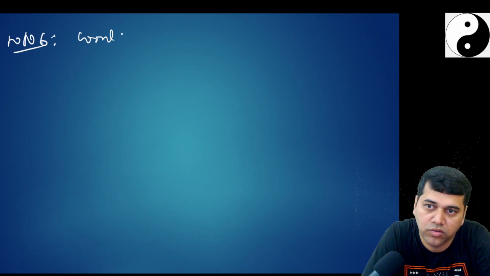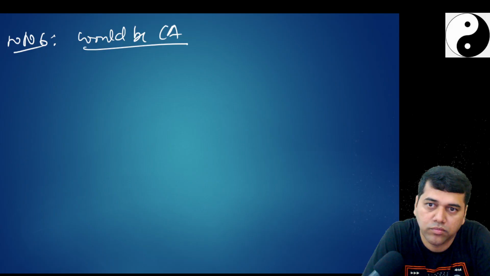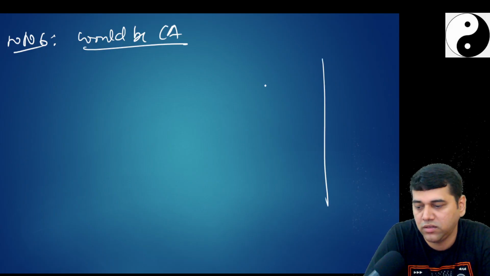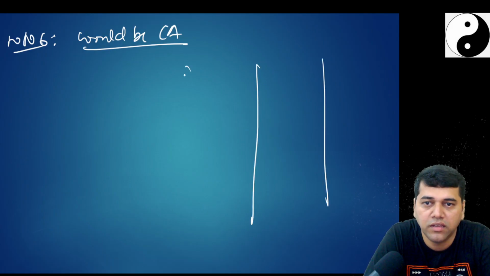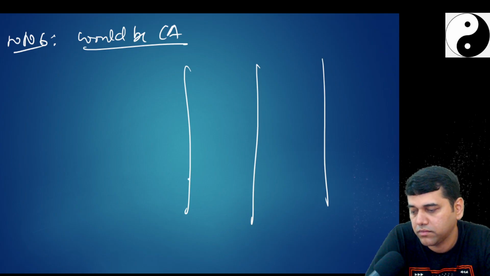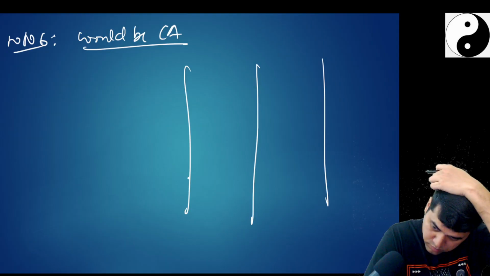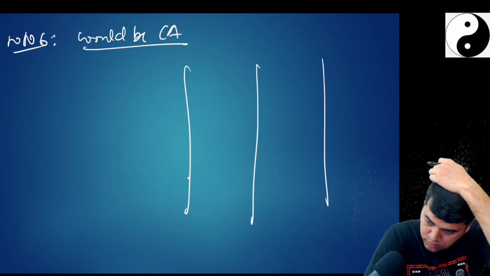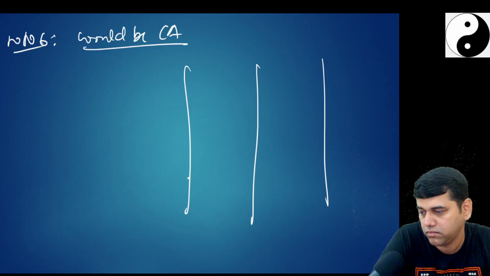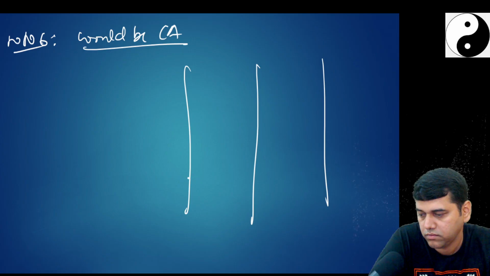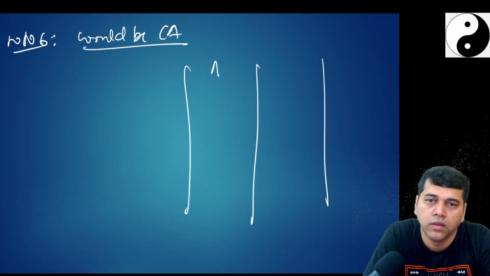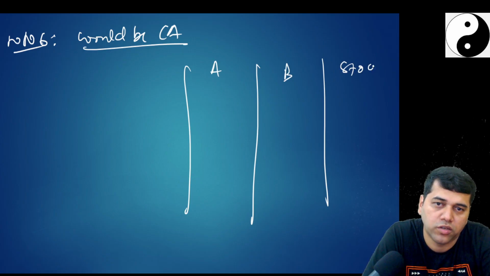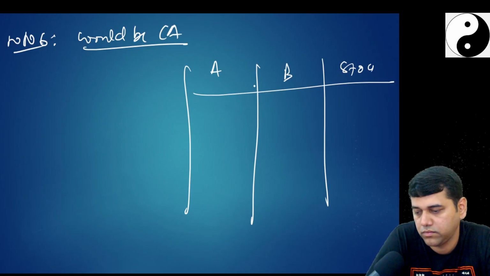Okay, so write working note number 6, would-be carrying amount. So I'll have stock, machine A, machine B. A, B and stock.